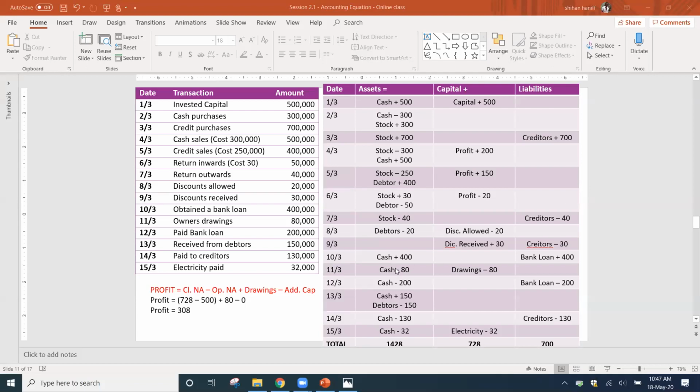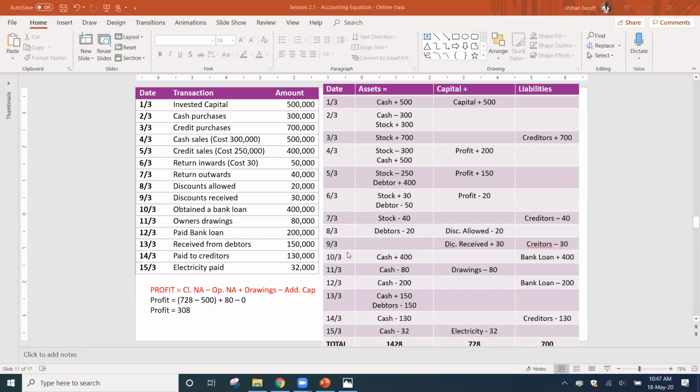Right. So I got correct answers from most of it. Same thing, only we convert to the double entry system and we prepare the ledger accounts, prepare the trial balance and final accounts.